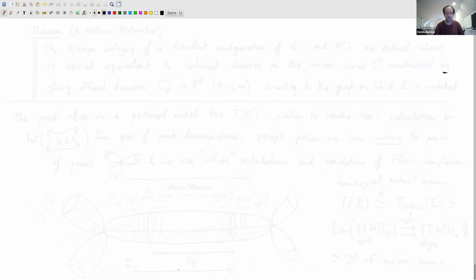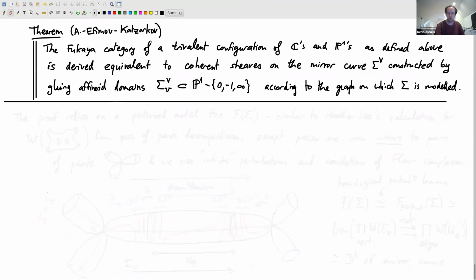So with all that, the theorem tells you that if you have a trivalent configuration of complex planes and P1s, you can define a Fukaya category of trivalent graphs in this crazy way. And this is derived equivalent to coherent sheaves on a mirror curve glued from domains in pairs of pants, according to the way your symplectic manifold was set up.